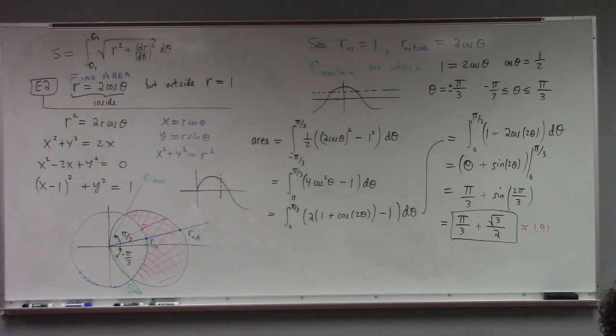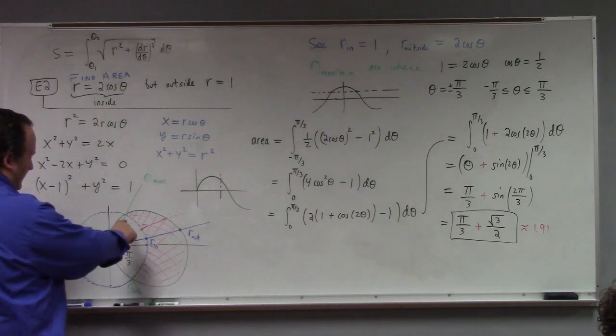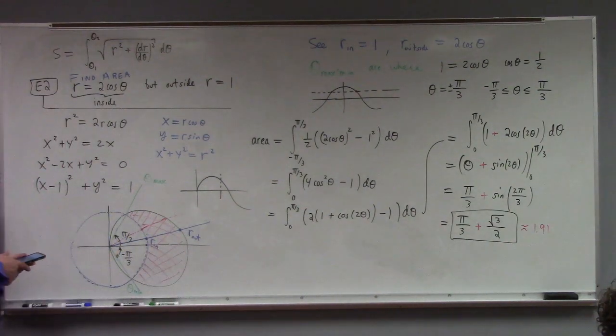Does that make sense? Or have I answered a different question that you're not asking? Kind of. So you're just saying that's the outside radius. Yes, because that's the outside radius.